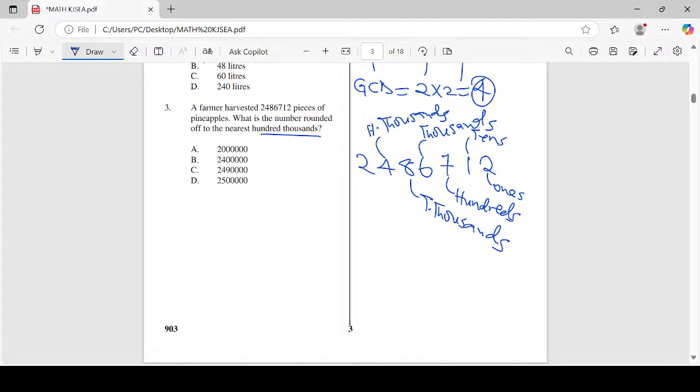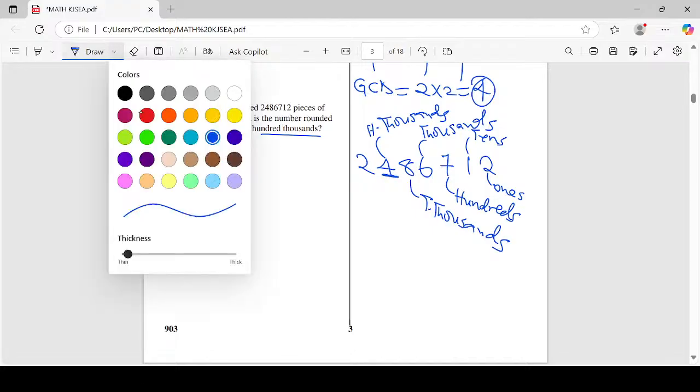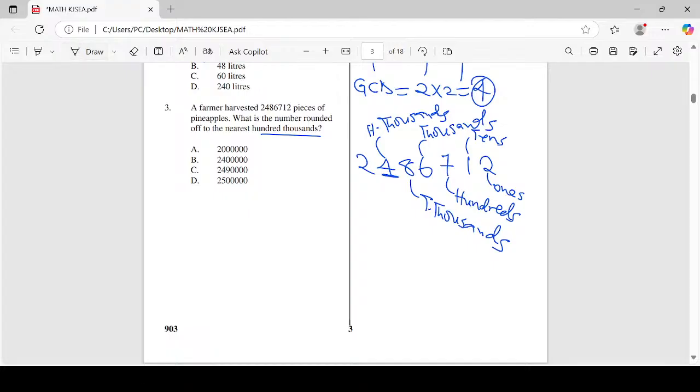Now, because they want the nearest hundreds of thousands, I'm going to look at the number on its right-hand side, which in this case is 8. The rule, learners, is that if the number on the right-hand side is 5 or more than 5, it will increase this number by 1. But if it's less than 5, it will not increase by 1.